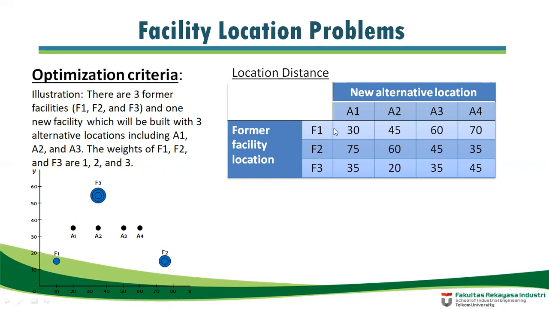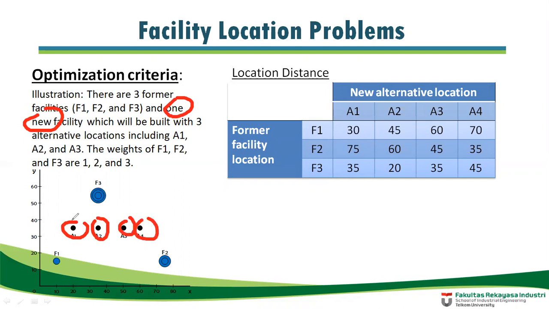And then this former facility location can be put in this location distance matrix. This number represents the distance, and then we have new alternative locations. So we have one new facility, and this one new facility should be built in four different locations.